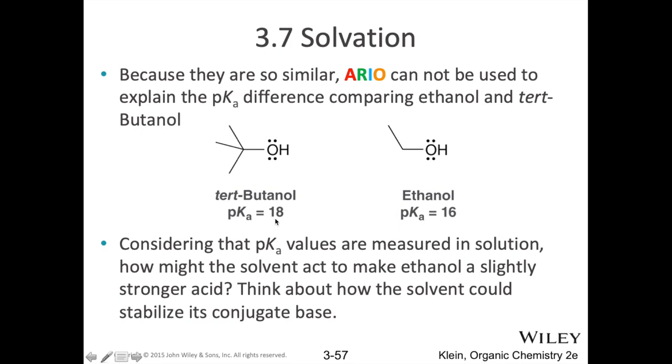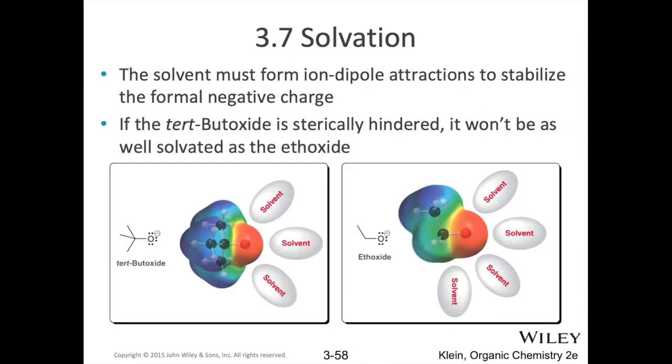The answer comes down to how the solvent that these molecules are dissolved in helps stabilize the negative charge on the conjugate base. All right, so remember, a polar solvent helps stabilize charge by using its own partial charges to surround your negatively charged oxygen on the conjugate base. Okay, so here are the conjugate bases of those two acids.